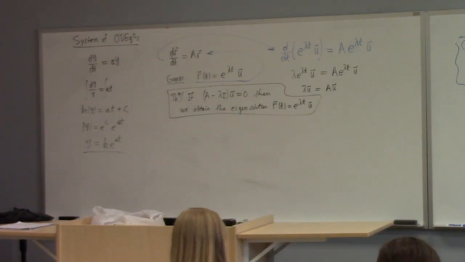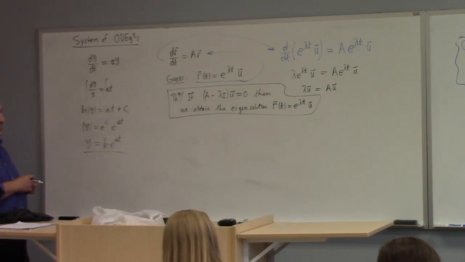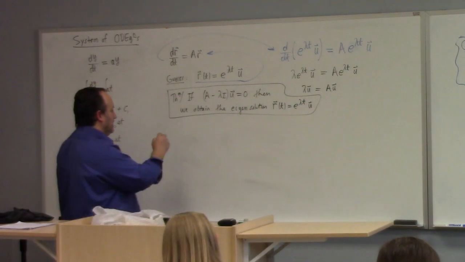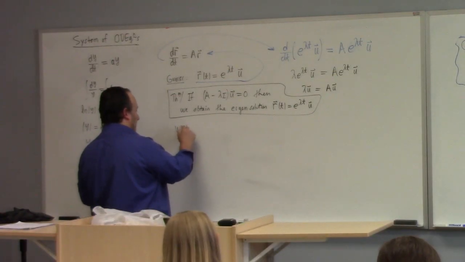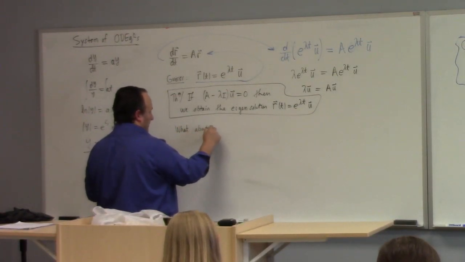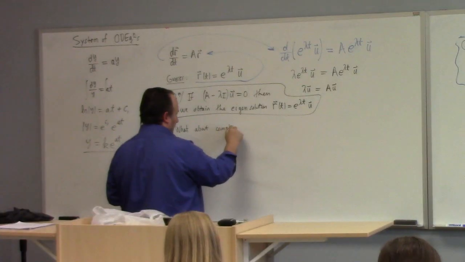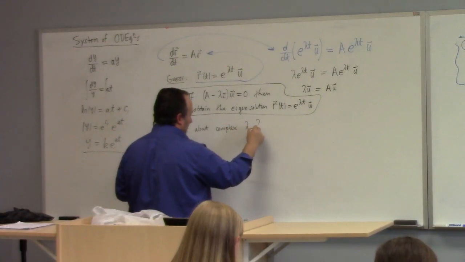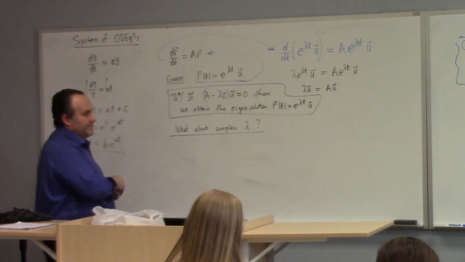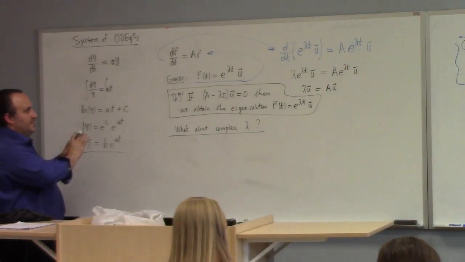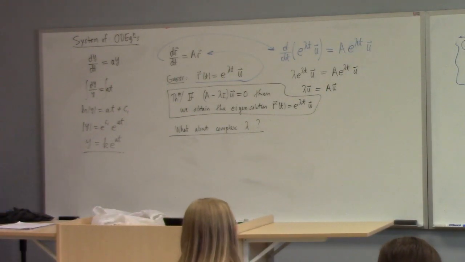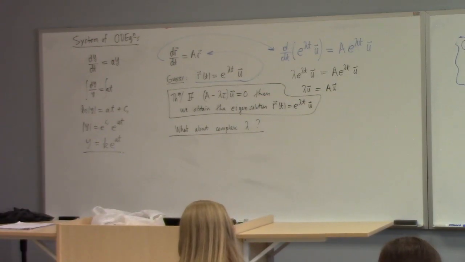But that's not all there is, because there are also those pesky complex eigenvectors, right? What happens there? What about complex? Well, everything we just did still makes sense if lambda is complex.